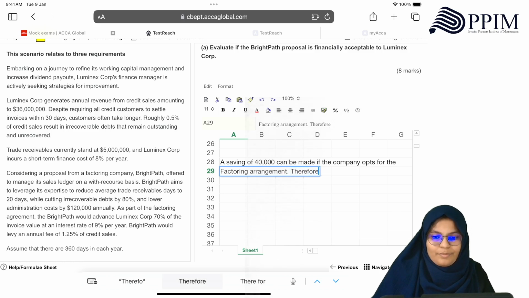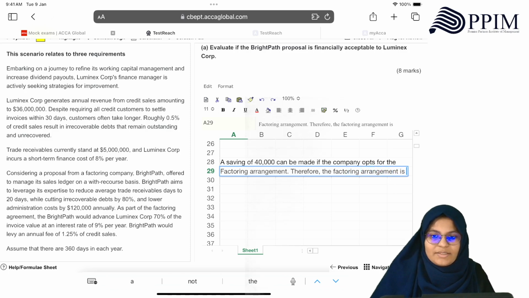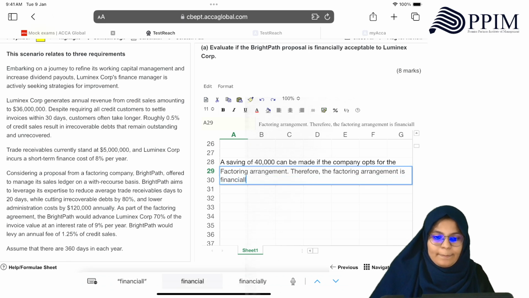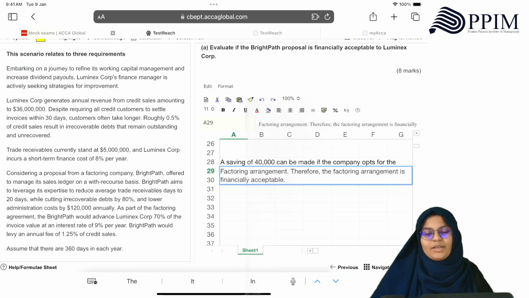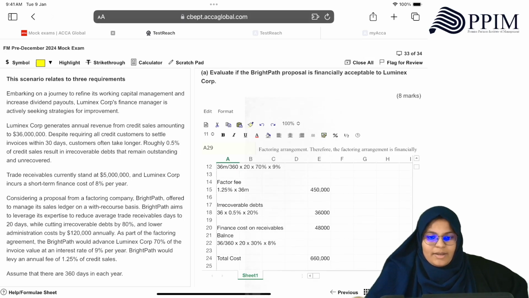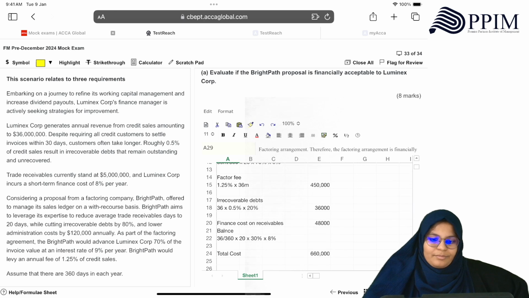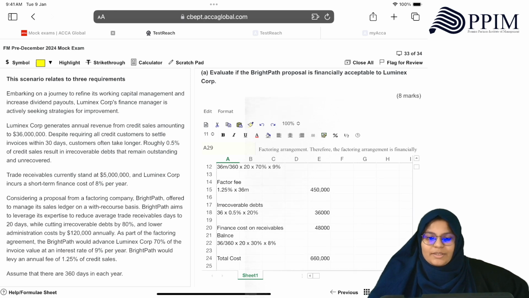Therefore, the factoring arrangement is financially acceptable. Okay, so you just need to mention that. Right, so that will give you your 8 marks. Right, so let's move on to the next one.